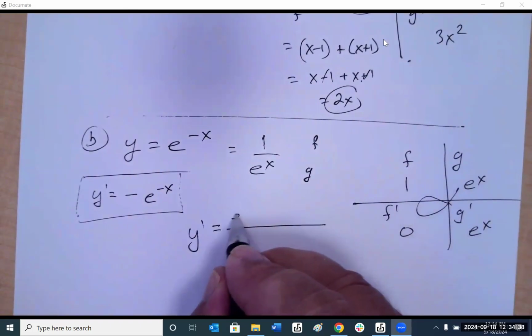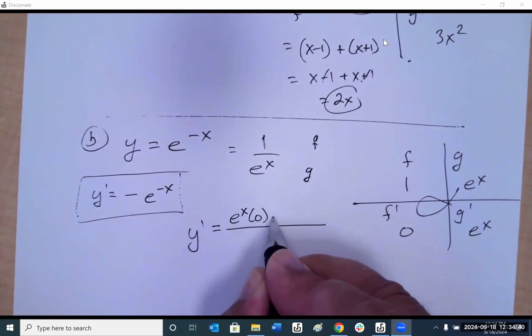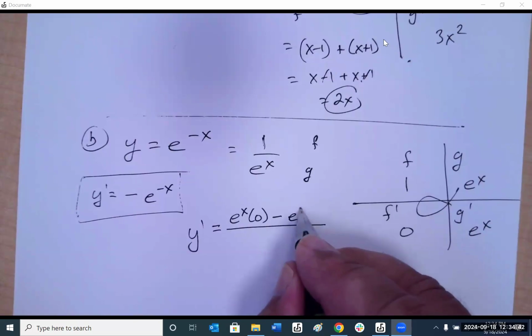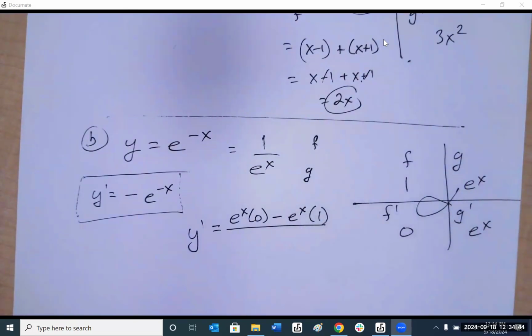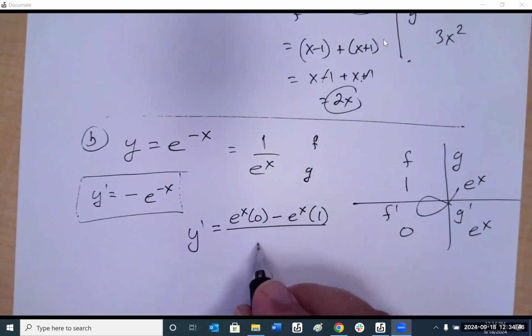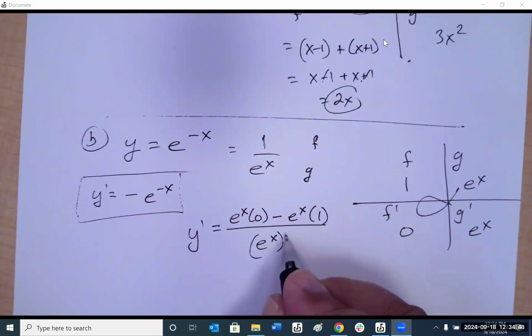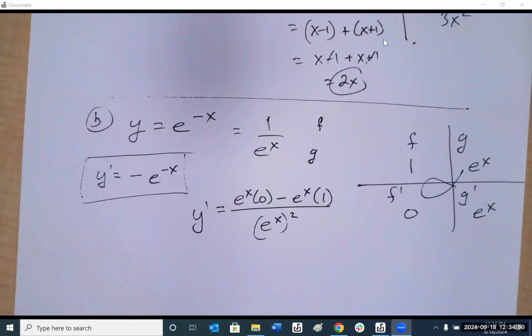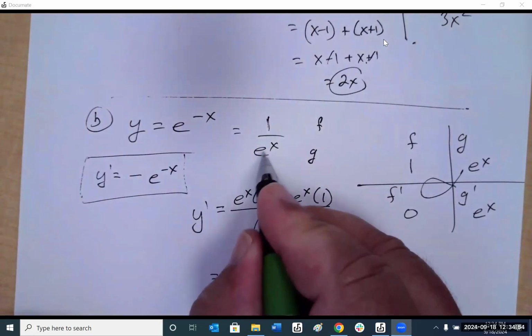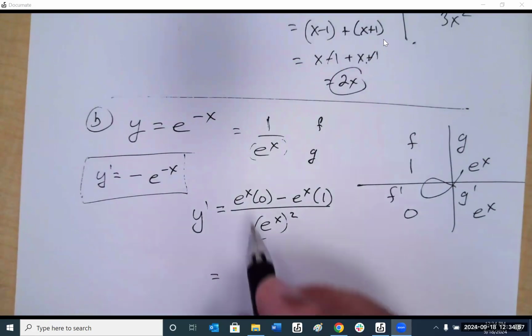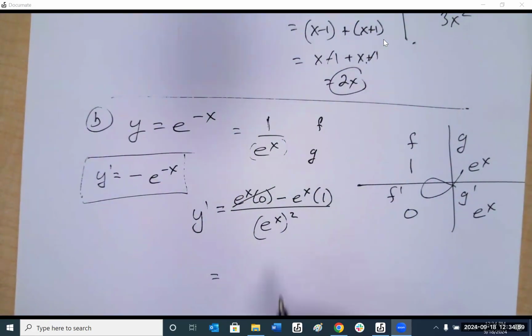So we get e to the x times 0 minus e to the x times 1, all over e to the x squared, because that's the bottom. So that's 0, so we have negative e to the x over e to the x squared.